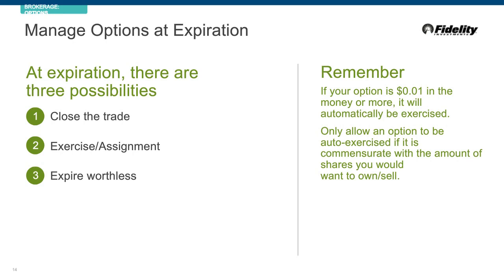It's important to know that, because if you don't want that to happen, you either need to close the trade prior to the market close, or you would need to call in to us and say, don't exercise this, for whatever reason. The majority of the time, if there is intrinsic value to your contract, you're going to want that. You'll end up with the shares or end up selling shares and manage that as the weekend passes and we go into the next trading week.